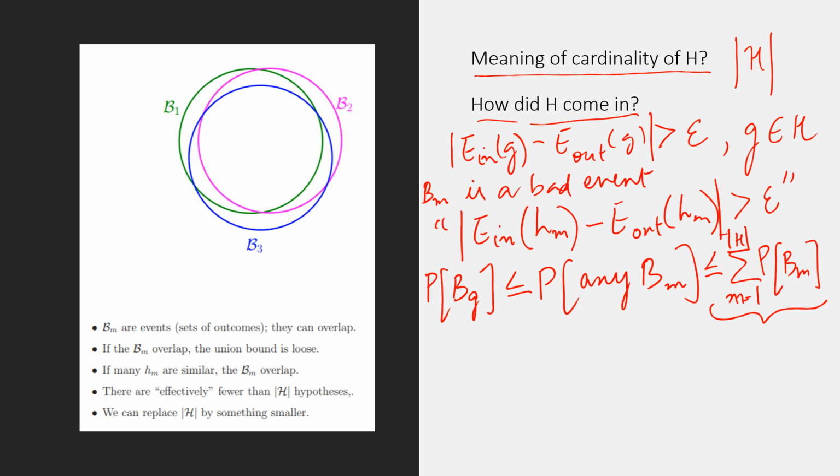B1, B2, B3 are event sets of outcomes, and obviously they can overlap, right? According to the union bound, which we used in order to arrive at our final result, the total area covered by B1, B2, or B3 is smaller than or equal to the sum of the individual areas. So that's what the union bound did, right?